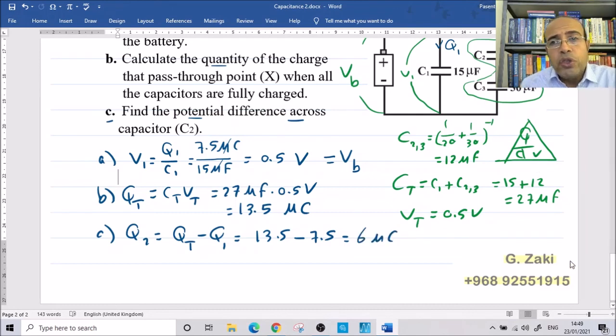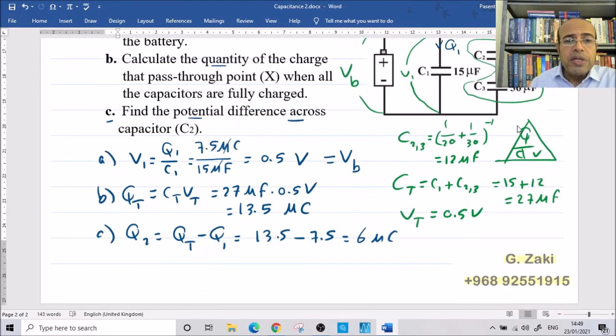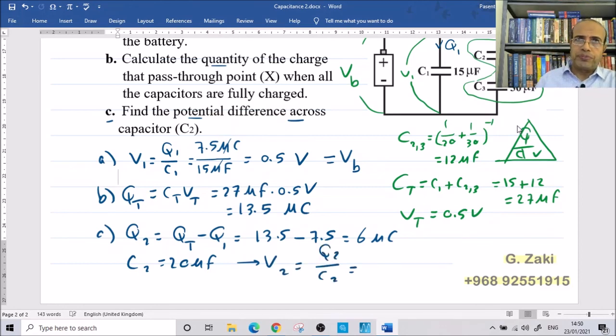This is Q2, and already we have C2, which is given as 20 microfarad. From Q2 and C2 we can calculate V2. V2 equals Q2 over C2. Q2 equals 6 microcoulomb and C2 is 20 microfarad.